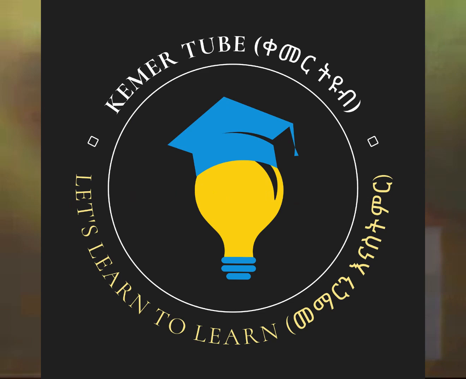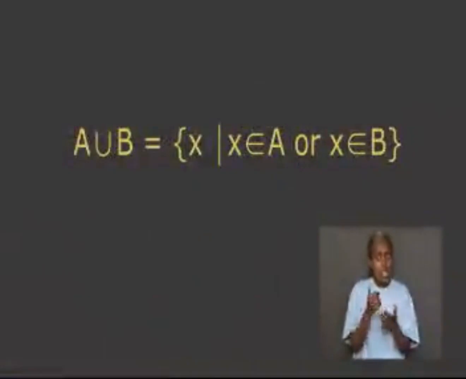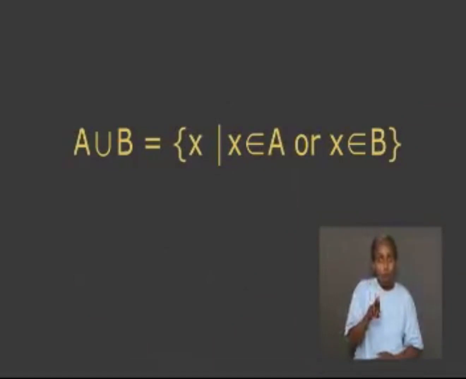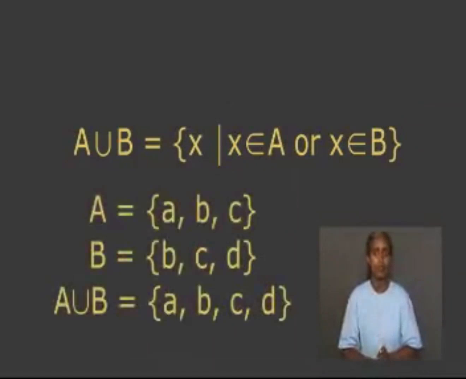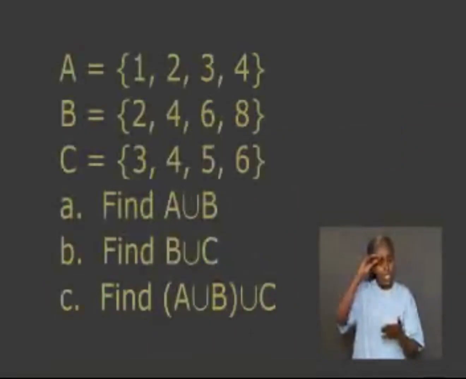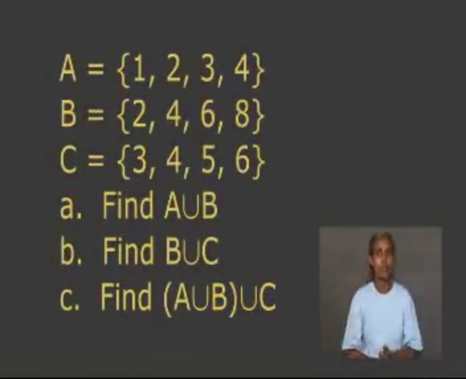That is, A union B is the set containing x, such that x is an element of A, or x is an element of B. If an element is common to both sets, it is listed only once in the union, as we learned from the activity. Let us try another activity.